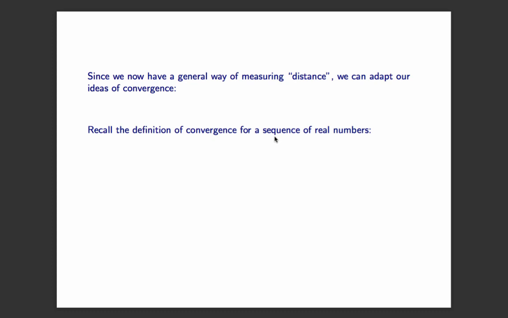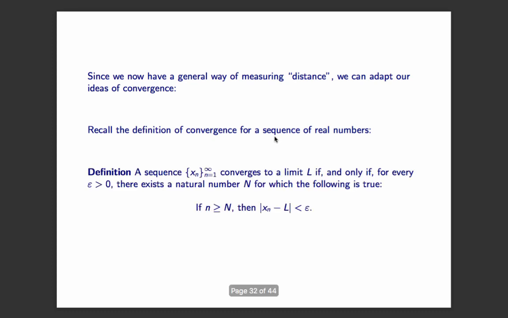So recall the definition of convergence for a sequence of real numbers. A sequence converges to a limit L if and only if for every epsilon, there is a natural number big N for which the following is true. If n is greater than or equal to big N, then xn minus L in absolute value is less than epsilon.